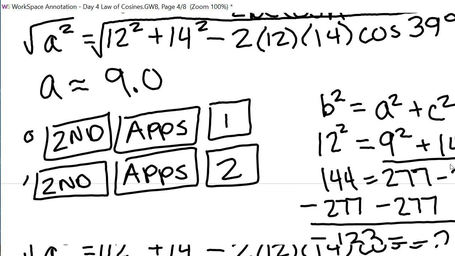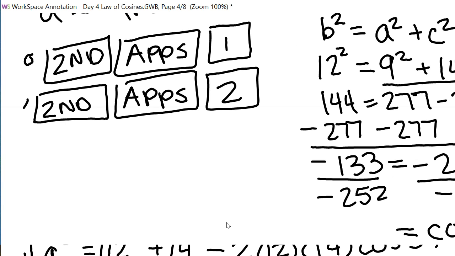So this is an arc cosine value, so make sure you do second cosine. A negative over a negative becomes positive. So in the calculator, second cosine of 133 divided by 252, and we're not rounding. Tell me what this first answer is.